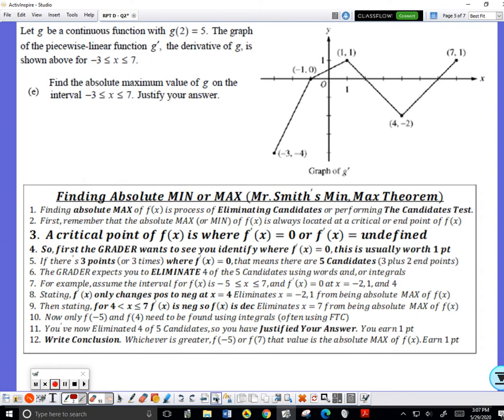Find the absolute max of g on the interval. We did this on question 1 today already. So we've got to eliminate candidates. You know the absolute max is going to occur at a critical point or endpoint of g.